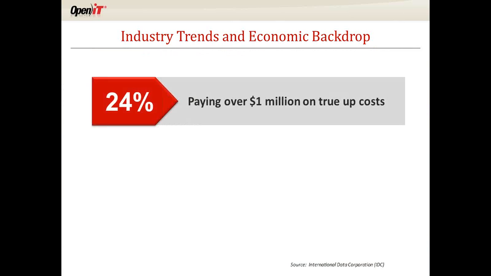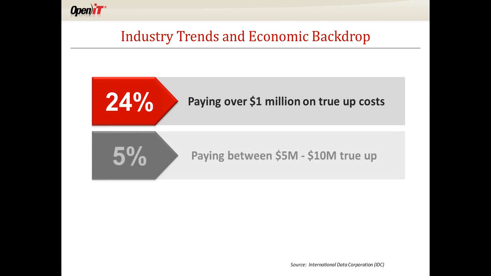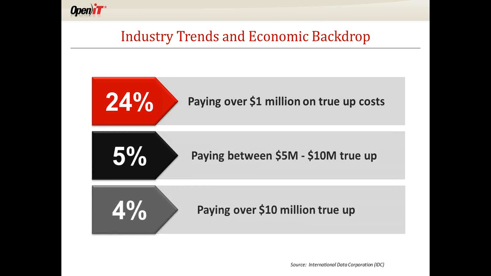In that same report, 24% of those folks reported paying over $1 million in true-up cost after the audits. 5% reported paying $5 to $10 million, and then 4% reported paying over $10 million in true-up. So a lot of companies have what they call a risk fund that they fund these true-up costs out of.